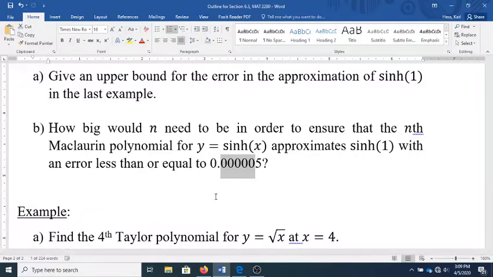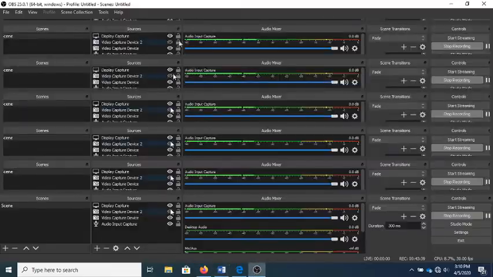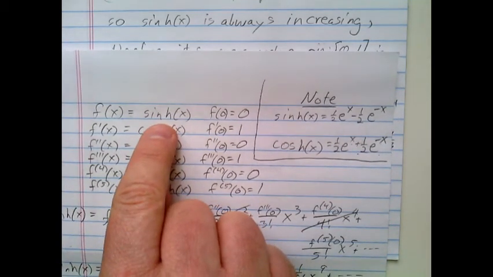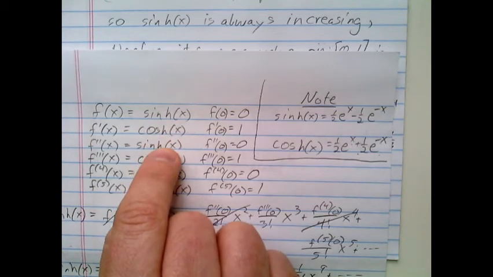Well, let's have a look at this. Remember, our derivatives were flipping between hyperbolic cosine and hyperbolic sine.